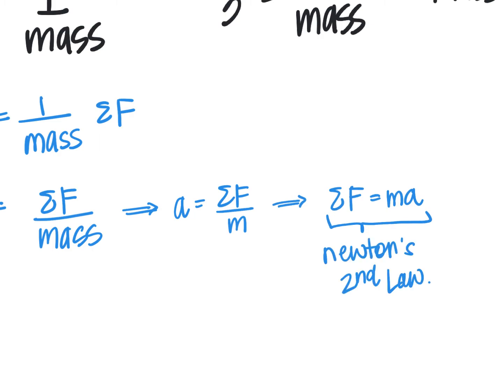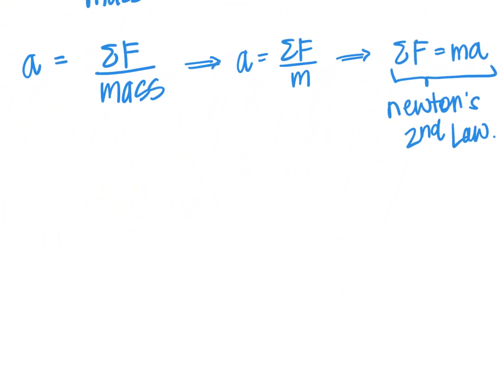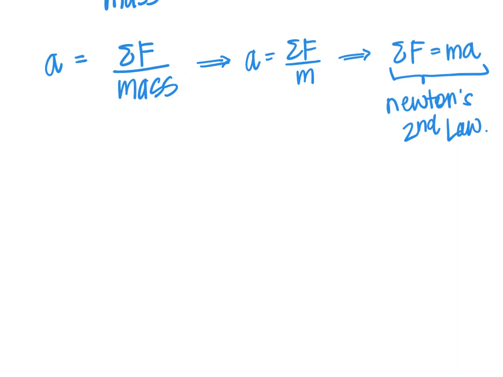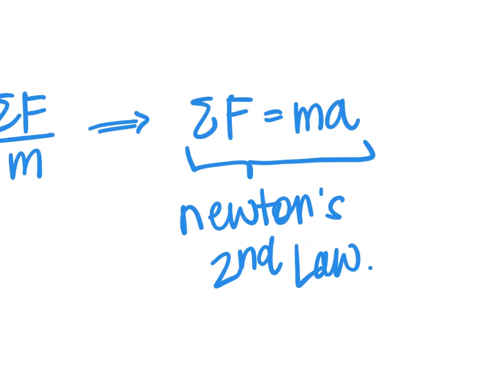So now when we have situations in which the forces are unbalanced, instead of setting the forces equal to 0 because they're unbalanced, they cannot be equal to 0, we'll sum our forces and set them equal to ma. So sum the forces and set them equal to ma.